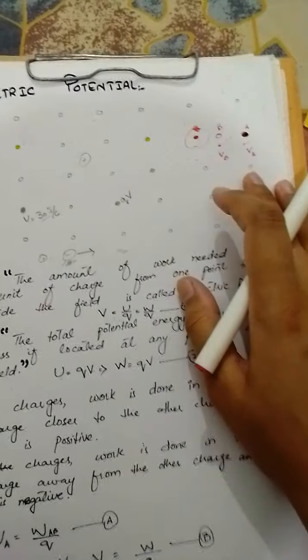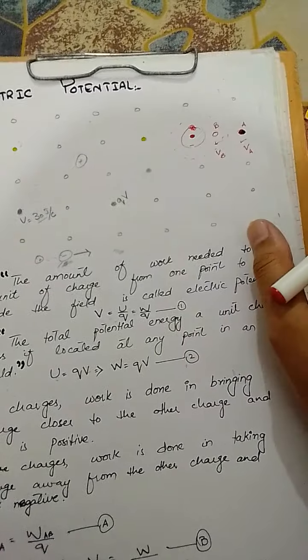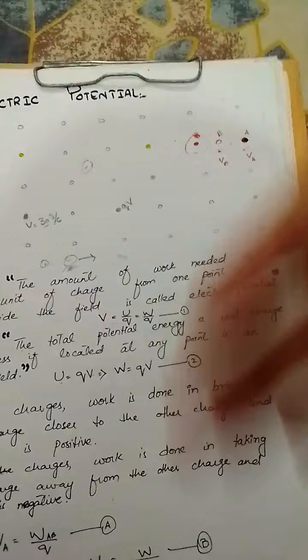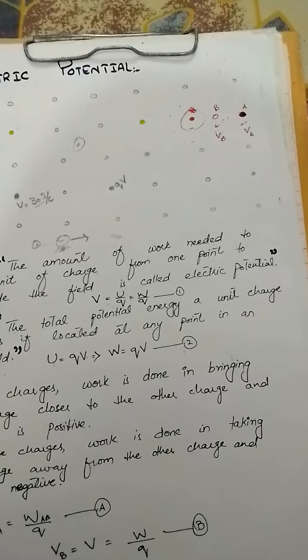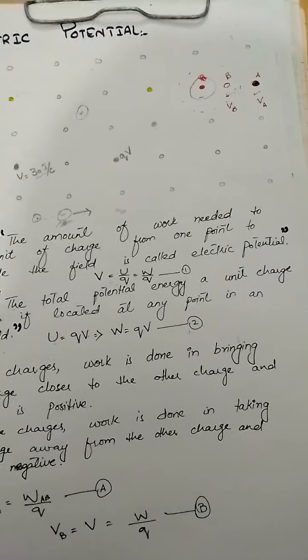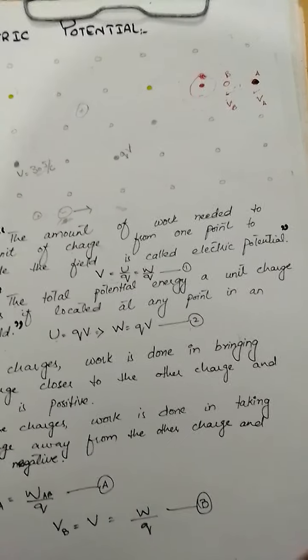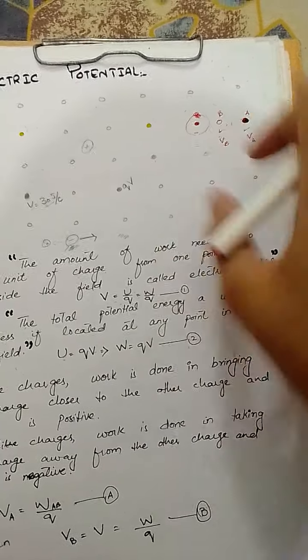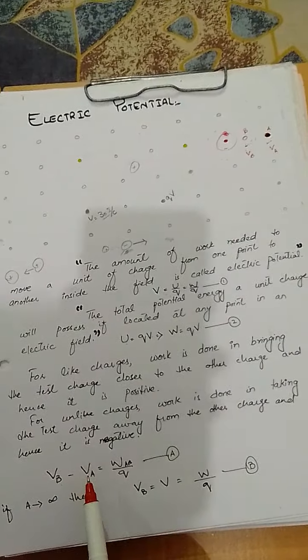As we already know, if A is so far away that it does not come under the influence of this charge, the electric field present at that point will be 0. If the electric field is 0, then the electric potential will be 0. So this VA at infinity will be 0. We're gonna just put 0 over here.